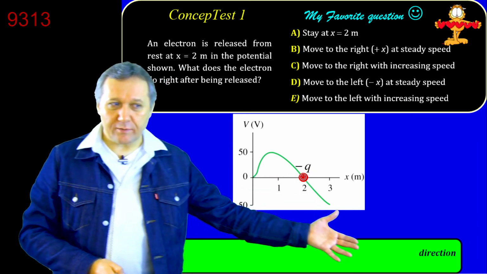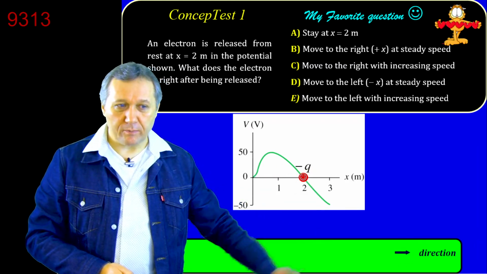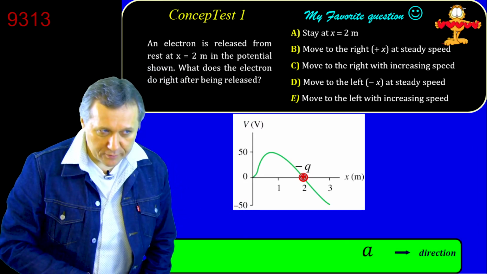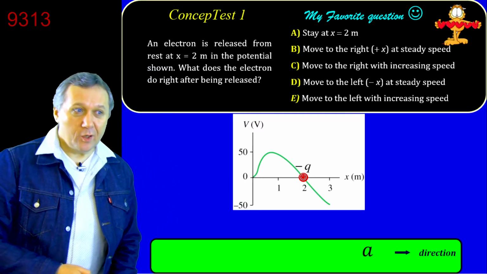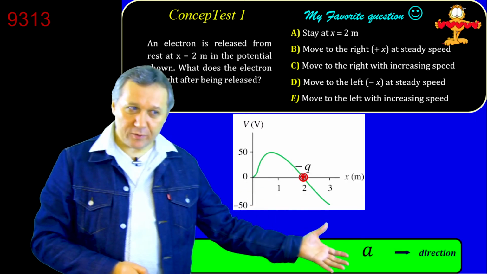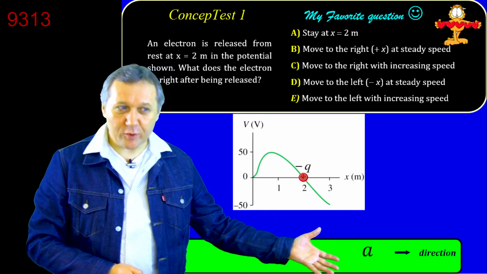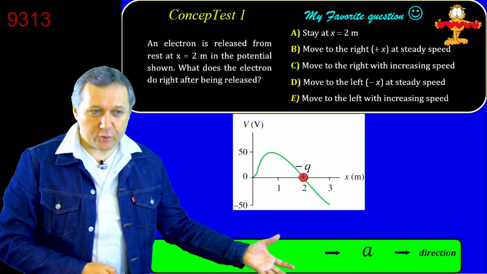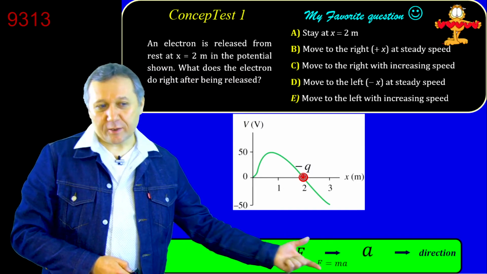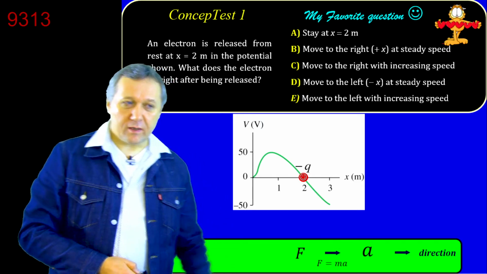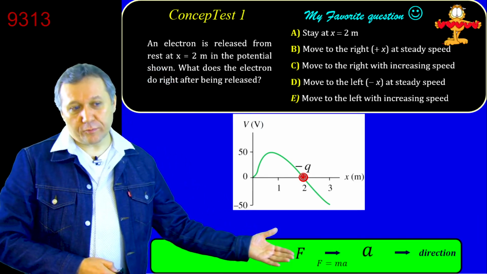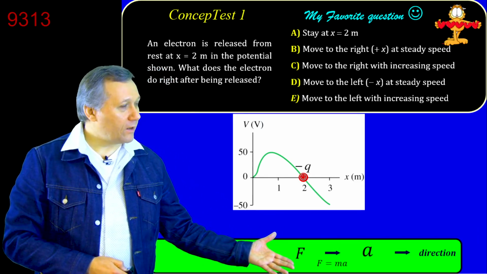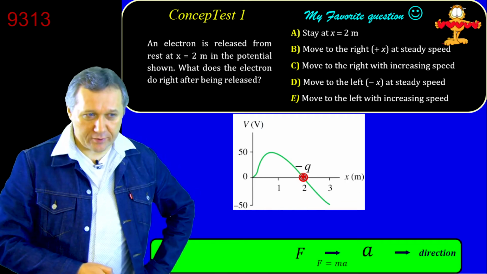So in order to get the direction of motion, we need to get information about the acceleration first. Then, in order to get information about the acceleration, what do we need to know? Force, in this case electric force, so that we can use Newton's second law to make this transition from the force to the acceleration.